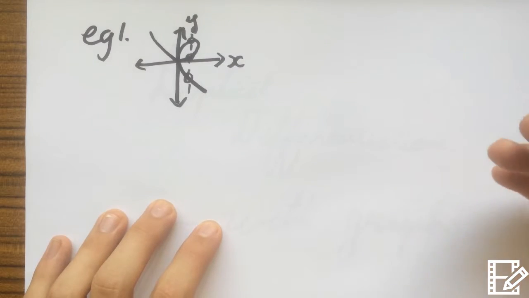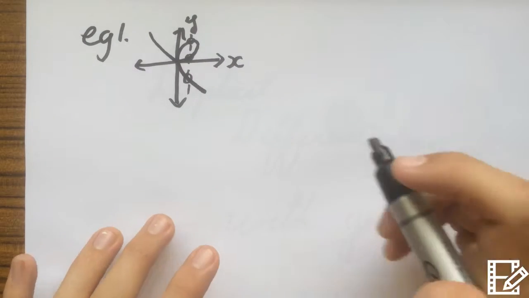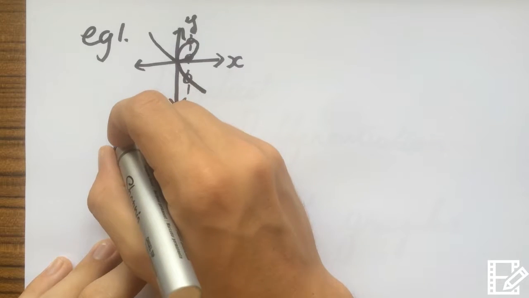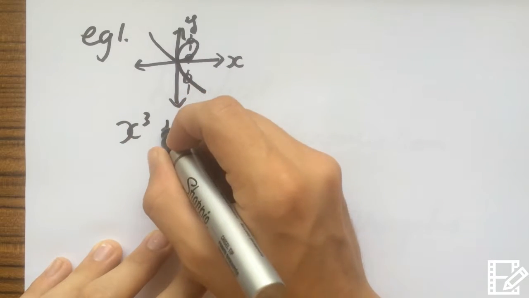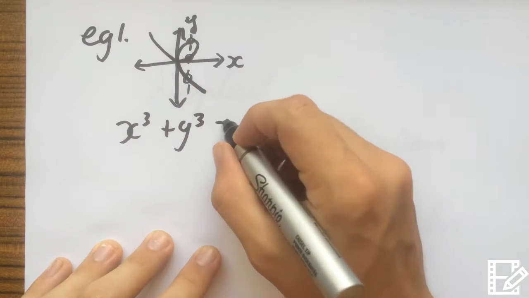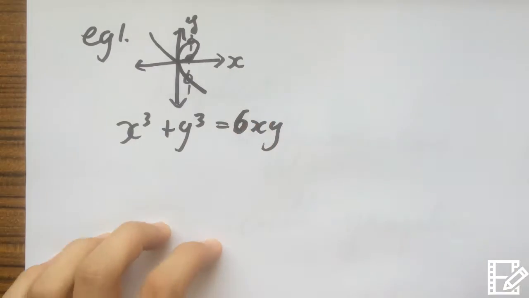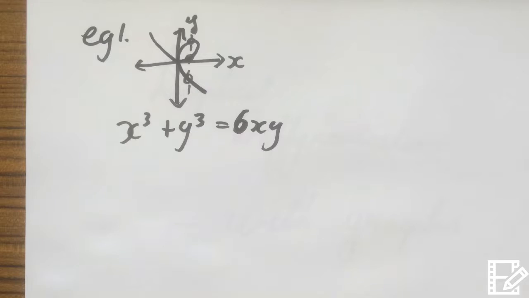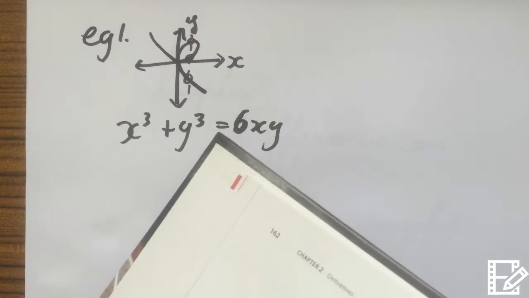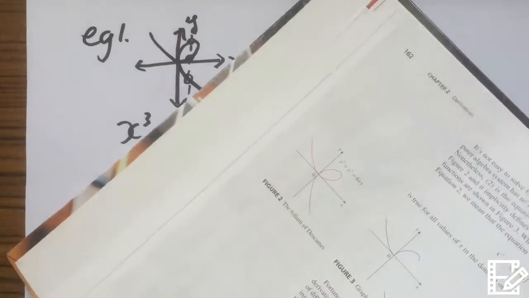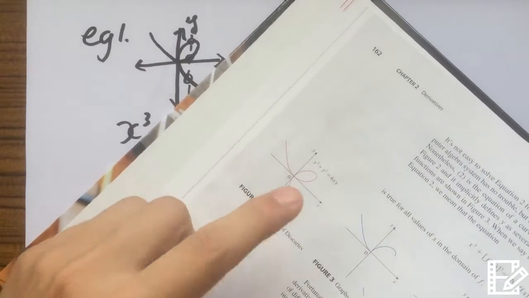So you do implicit differentiation, and the function is x to the power of 3 plus y to the power of 3 equals 6xy. I got the questions for this series in this book.